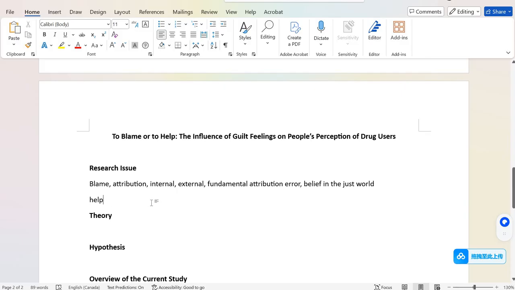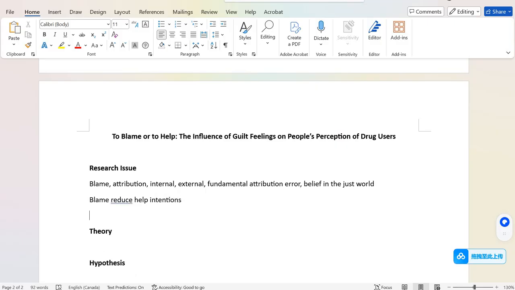Another part of the research issue is help. If you blame people for their misfortune, you're less likely to offer them help. If you blame the victim, it reduces help intentions. And how can you reduce people's blame?